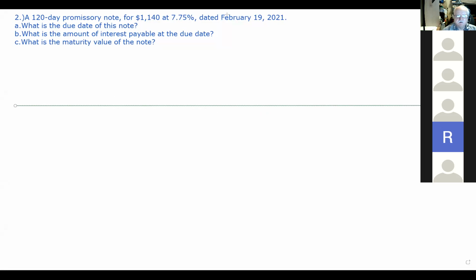Here we are at today, but we know this is February 19, and they've given us a year this time. And the note was for 1140. So that's the face value. That's the amount of money that was borrowed. And they've told us directly that it was 120 days.